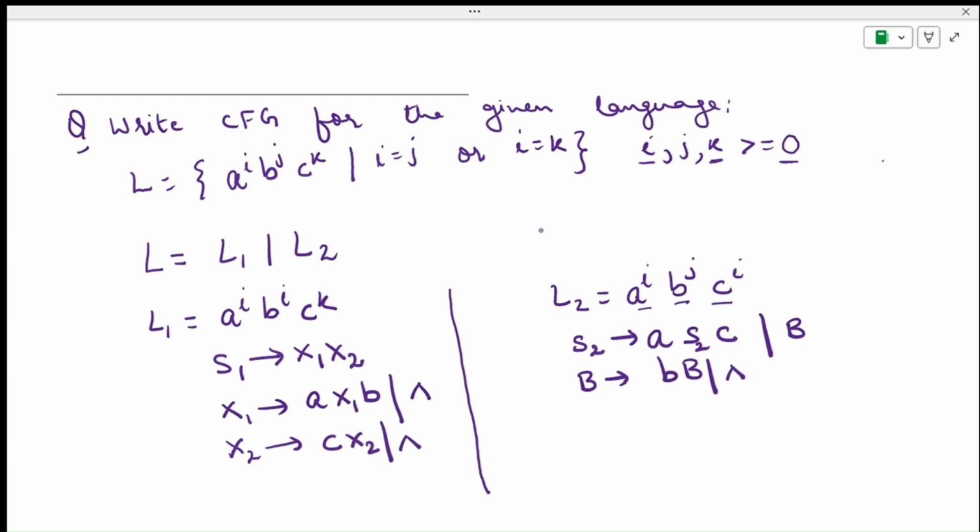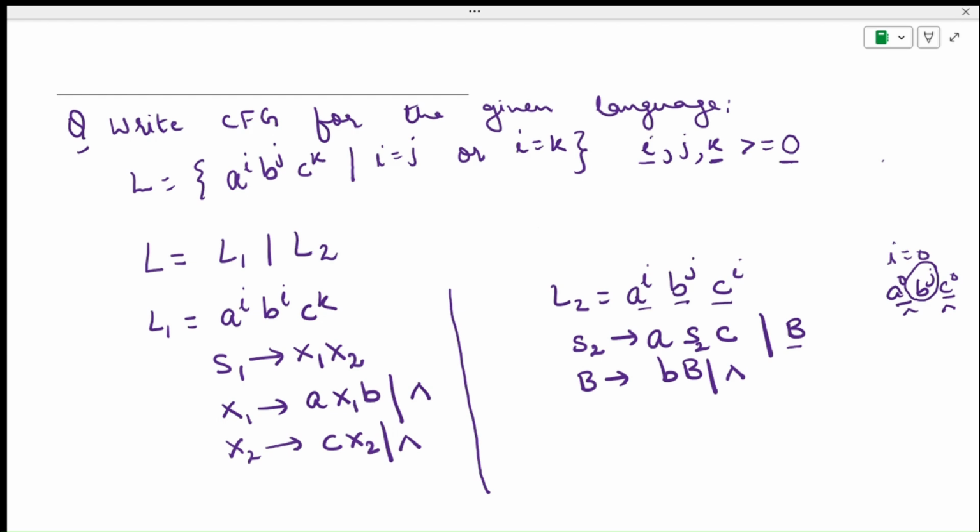And remember that this variable S2 can be replaced by B. That is, we can have only b's if i is equal to 0. Then we will have a raised to the power 0, b raised to the power j, c raised to the power 0. It means that these two values become null. So we can have only b's. If we have only b's, therefore S2 can be replaced by this capital B, that is this variable, and this variable is replaced by small b capital B, or null.